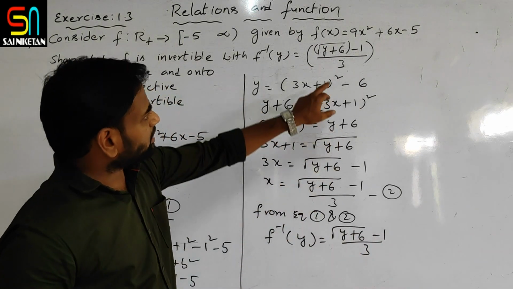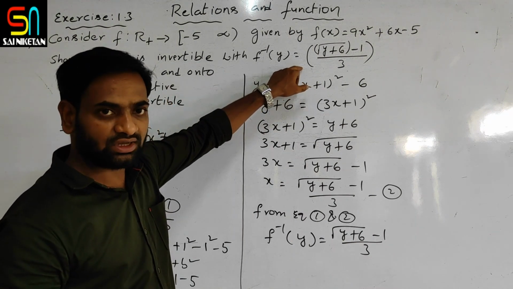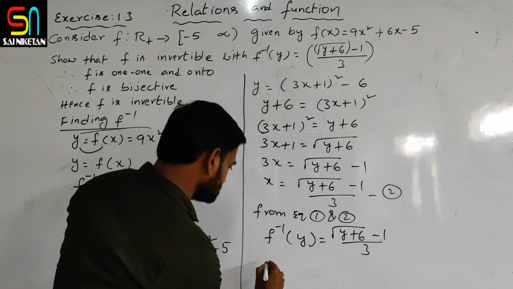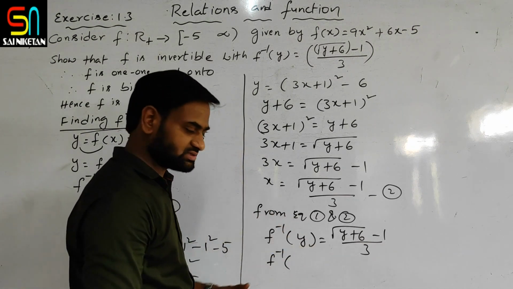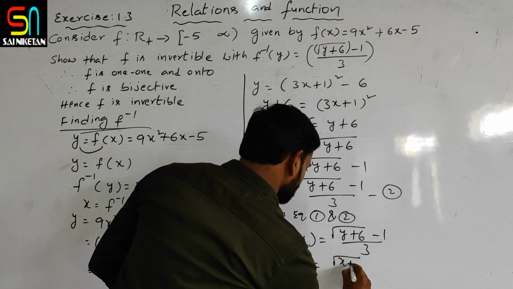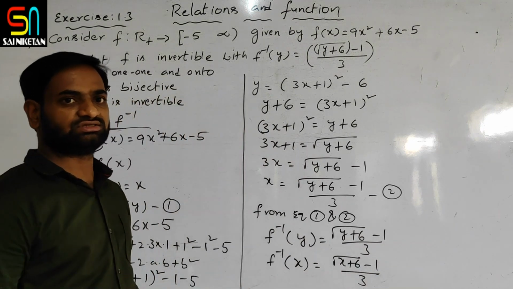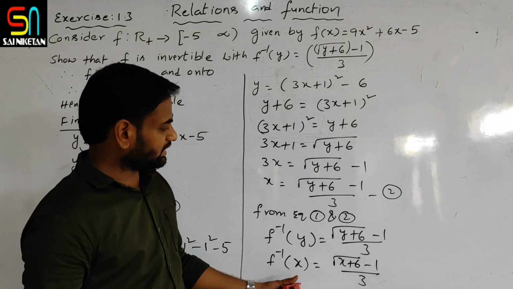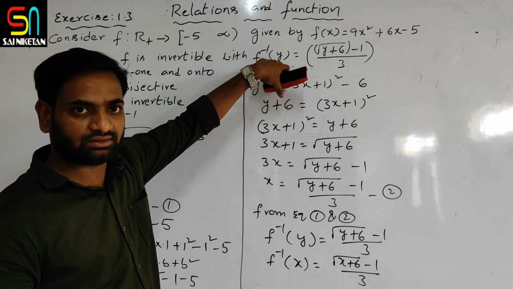That is the f inverse. If you want, you can convert it in terms of x also. How to convert? Just write x in place of y. That is f inverse of x is equal to root of x plus 6 minus 1 by 3. This is finding f inverse, which we proved.